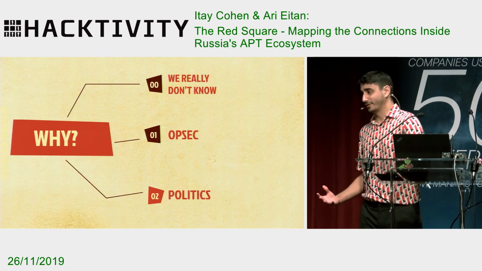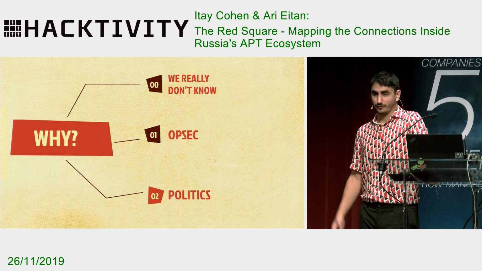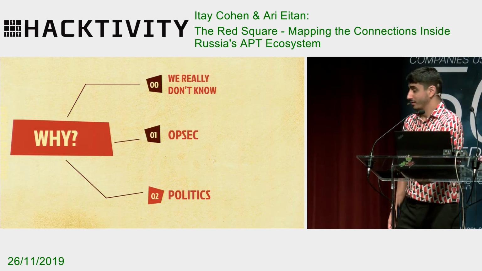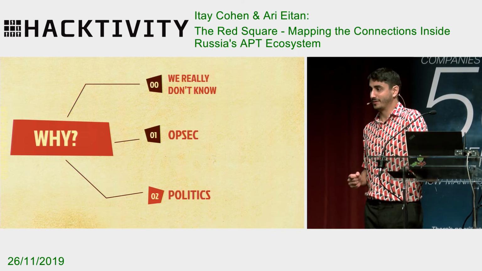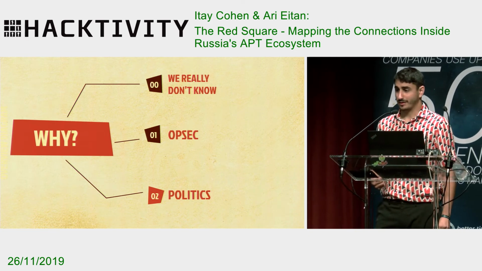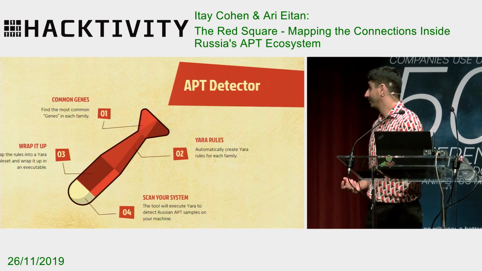So we did not find the cross-actor connections we wanted to, but we do have a lot of data to work with. We did enormous analysis of so many samples, and we can still use this data. And you already saw it in the APT map that we shared. But we also wrote another tool, and even more practical this time.